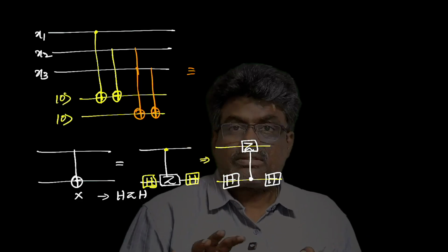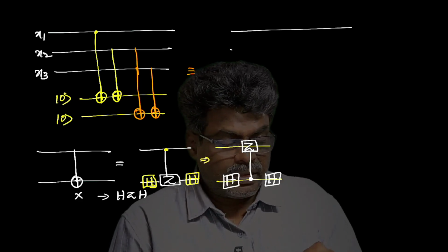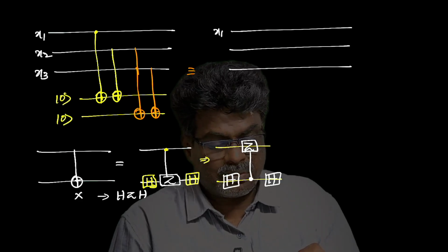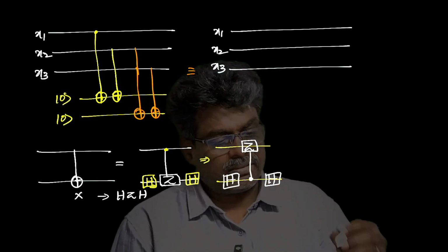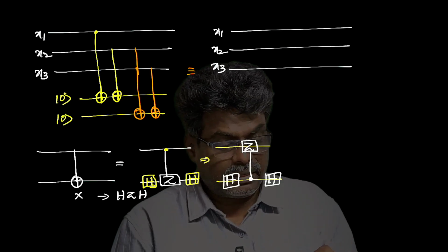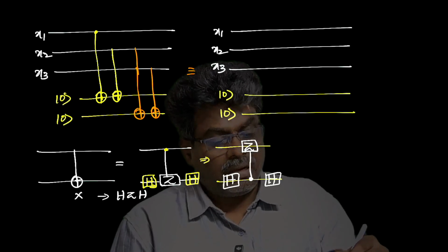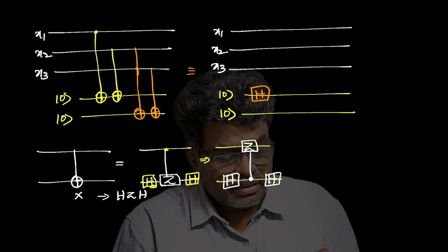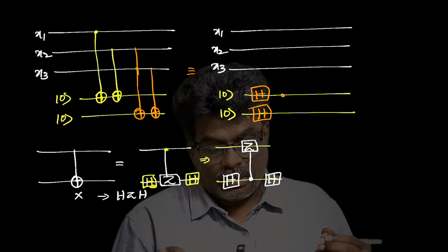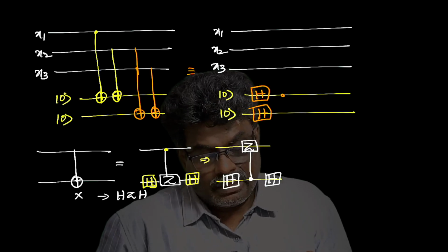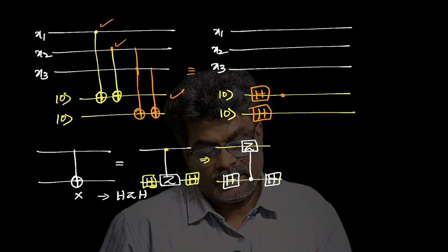So if you take this one, how do we modify this circuit? Here as usual, we have these 3 qubits, x1, x2, x3. One of those qubits is having an error, right? And here as usual we have the ancilla bits 0 0. Now I'm taking this Hadamard gate here and here, okay. Observe carefully. Earlier this is the target bit and this is the control bit, and here this is the control and this is the target.